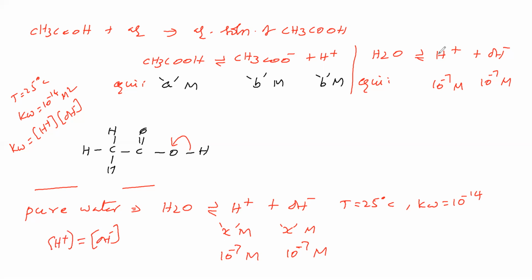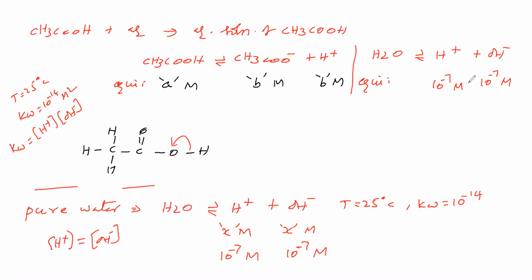Now you say, what is the concentration of H plus and OH minus for this equilibrium in this solution? Shall we say 10 power minus 7 for both, or not?